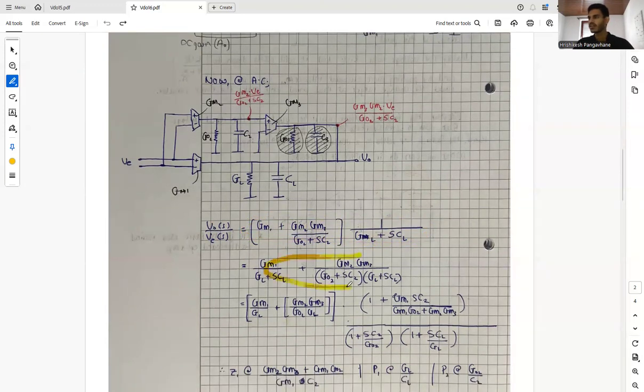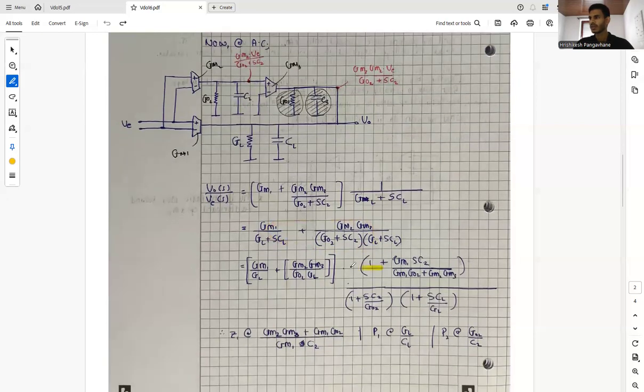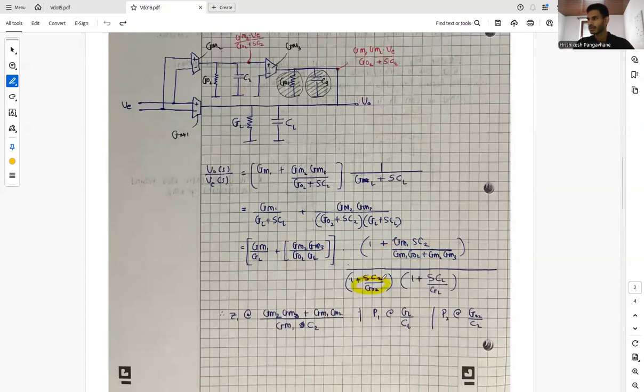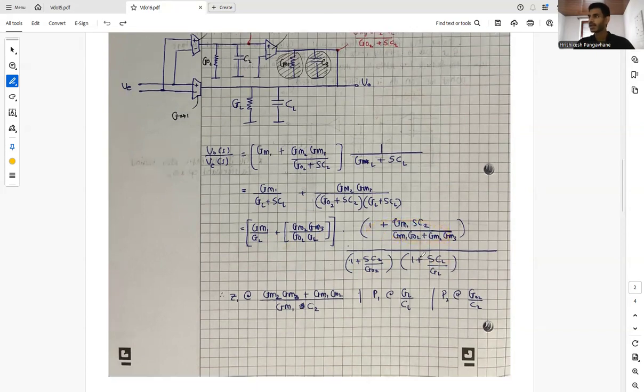When we resolve it and write it in our analog template, this is our DC gain multiplied by, in the numerator, 1 plus S by Z1, and in the denominator, 1 plus S by pole 1 and 1 plus S by pole 2.